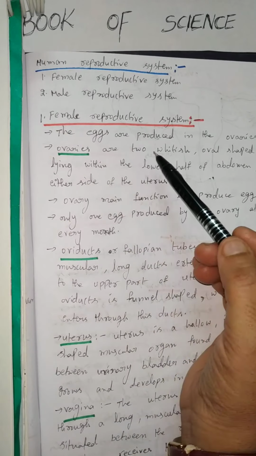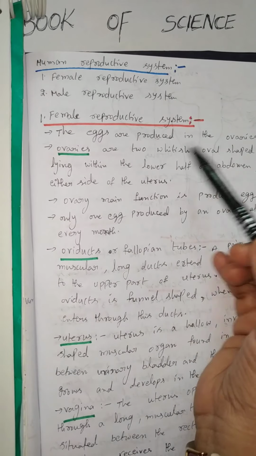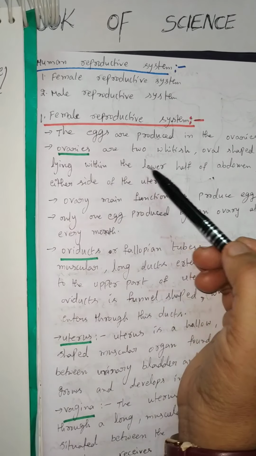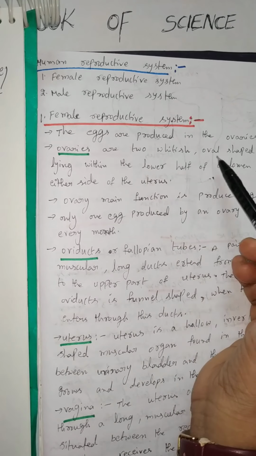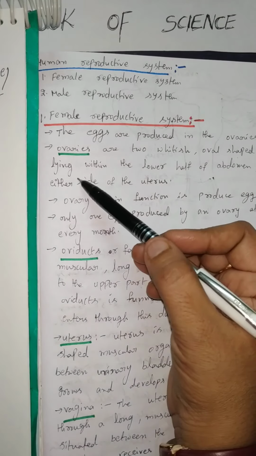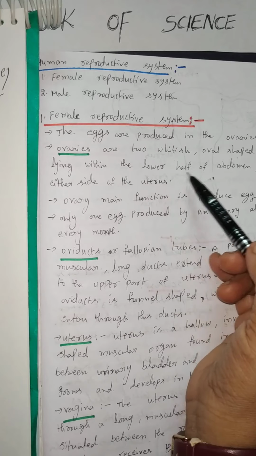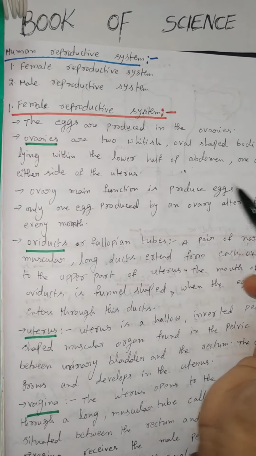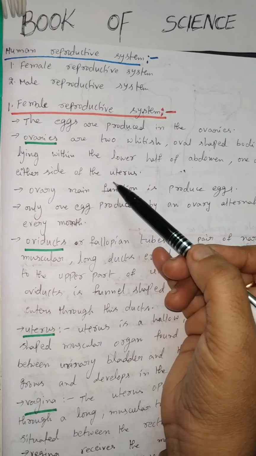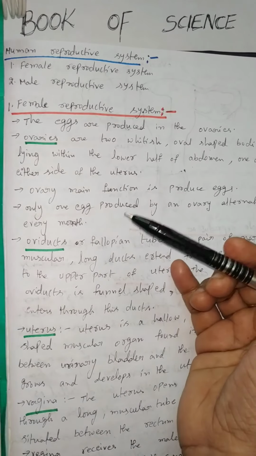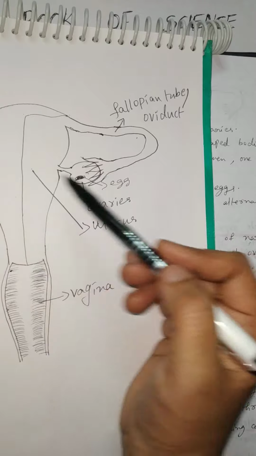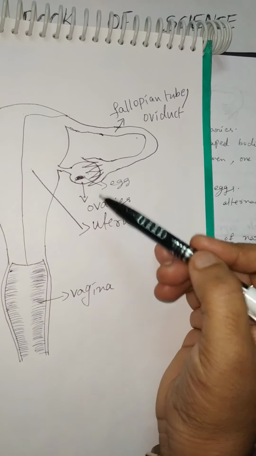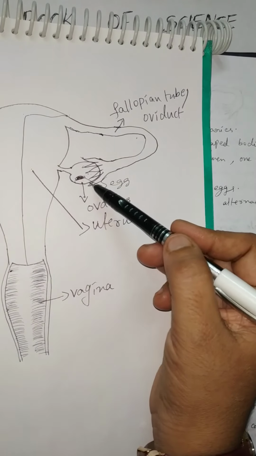The eggs are produced in the ovaries. Ovaries are two whitish, oval-shaped bodies lying within the lower half of the abdomen, one on either side of the uterus. So this is one pair of ovaries and it produces eggs.